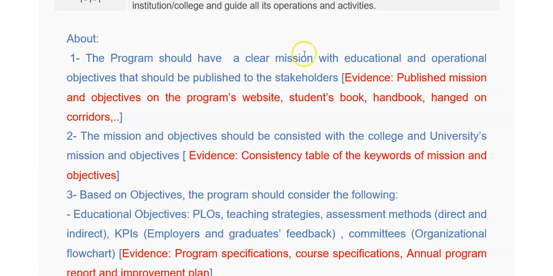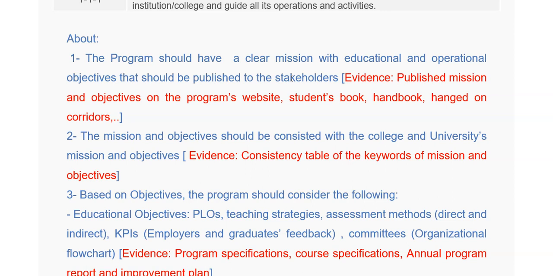Also, based on the mission, you have to write your objectives. Most programs write educational objectives, and they forget about the operational objectives, because the academic program is not about education and teaching only. It is also about providing research and community service.